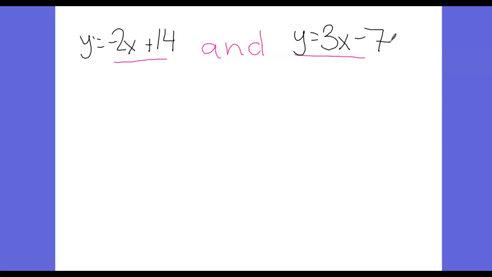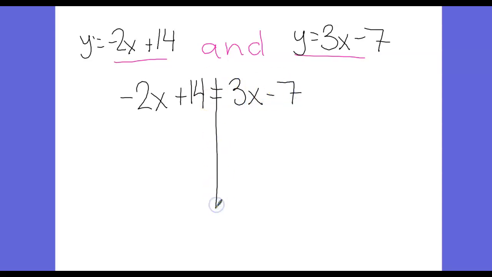Okay. So now, if I'm going to find out where they intersect, it's where they equal each other, right? So I'm going to set negative 2x plus 14 equal to 3x minus 7. And then I'm going to solve for what letter? X. So what would I do to solve?